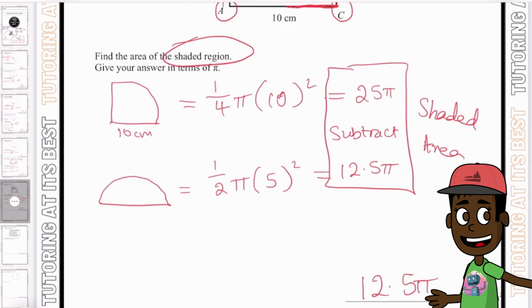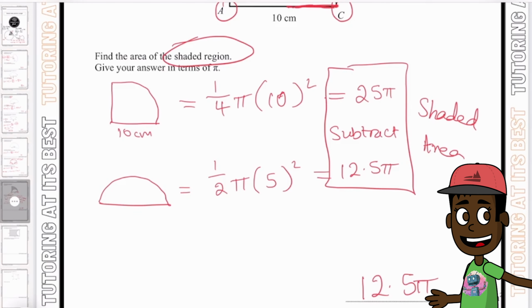So now that we've calculated the area of the rectangle and the area of the semicircle, we now just need to subtract it to calculate the shaded area. So we have 180 take away 18 pi, and that will give us 123.45 centimeters squared, and that is your shaded area, or we can say a shaded region.